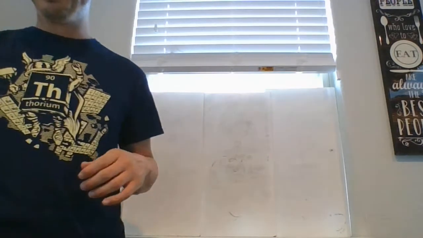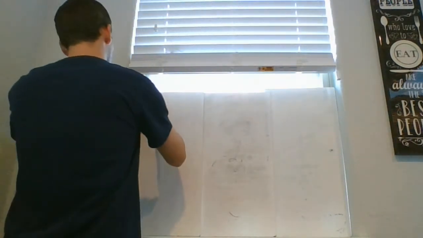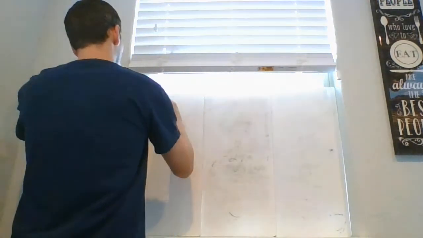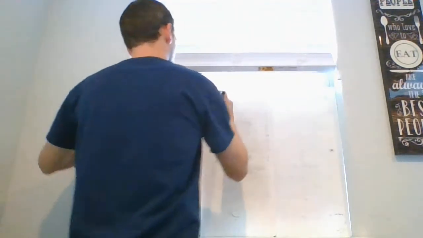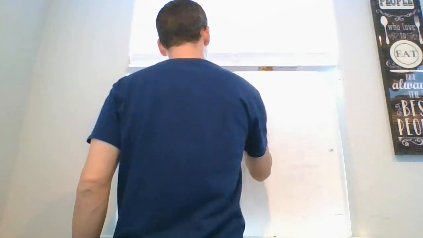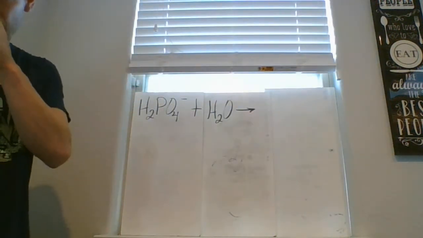So on your slide, it wants you to do the Bronsted-Lowry of H2PO4 minus. So we can take a look at that. If you want to see the way that it acts, what I'm going to do is take that H2PO4 minus and put it in water. All right.